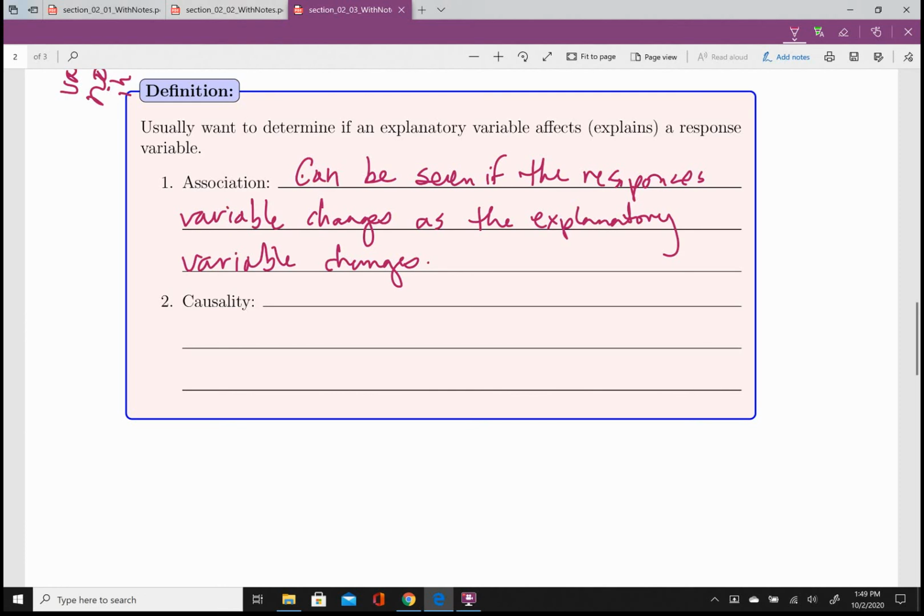So let me go ahead and write that down. Causality happens if the change in the explanatory variable causes a change in the response.